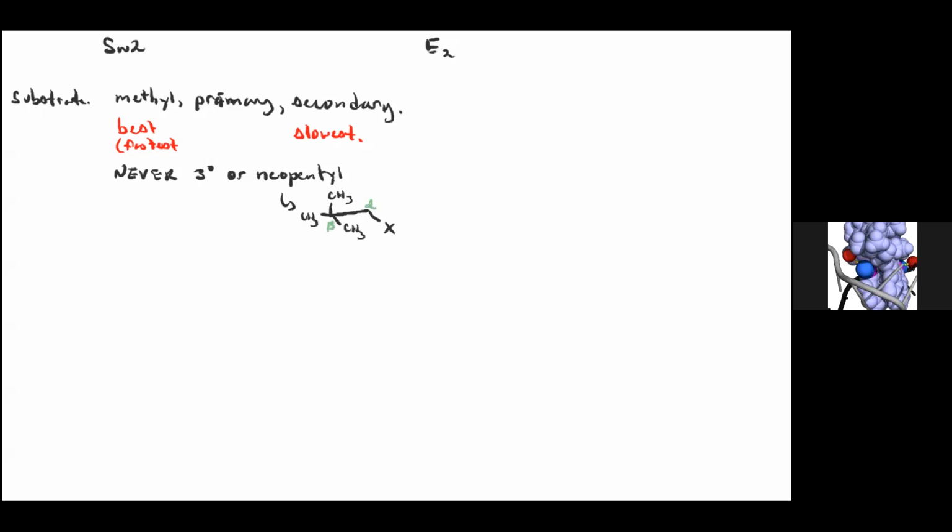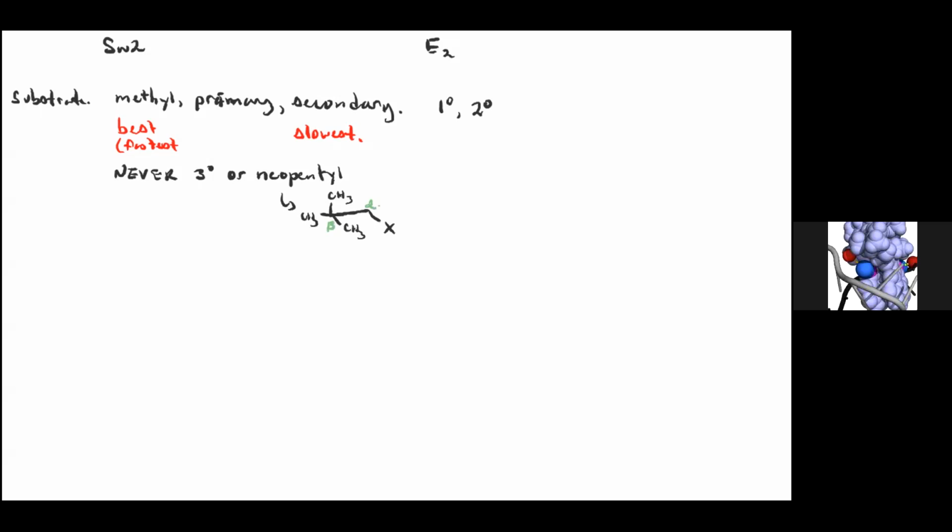So even though that is nominally a primary substrate, because of that substitution at the beta position, you never do an SN2 at that center. E2 is also favored for primary and secondary substrates, and obviously you can't eliminate from a methyl.